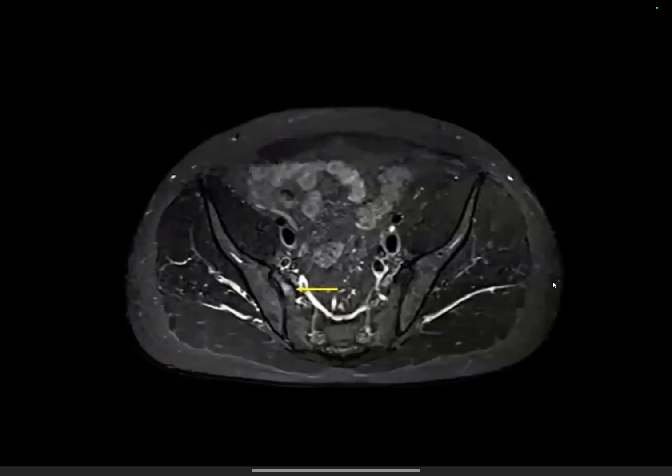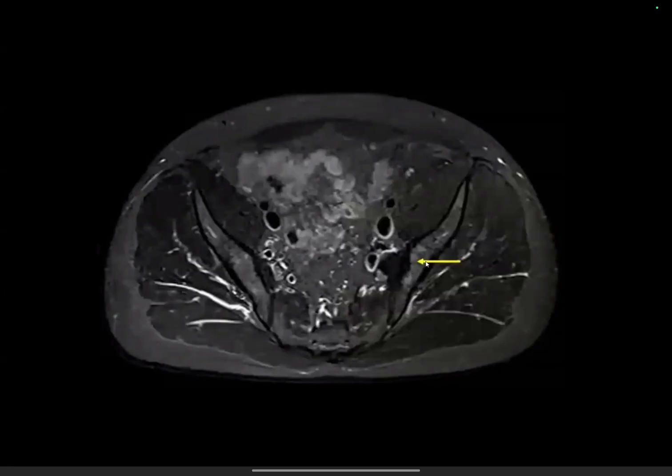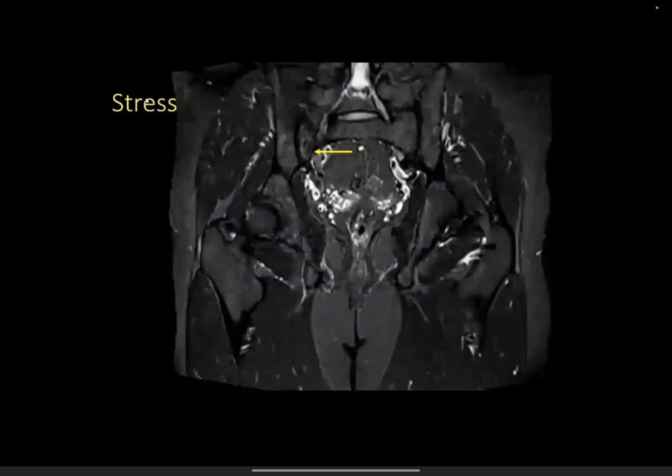So here, on an axial SI joint image, we are seeing a hyperintensity on the sacral aspect and then on the iliac aspect. This was again like those two clinical scenarios we were discussing. An old patient suddenly enthusiastic about exercise and now having some scattered regions of hyperintensity along the sacroiliac joint.